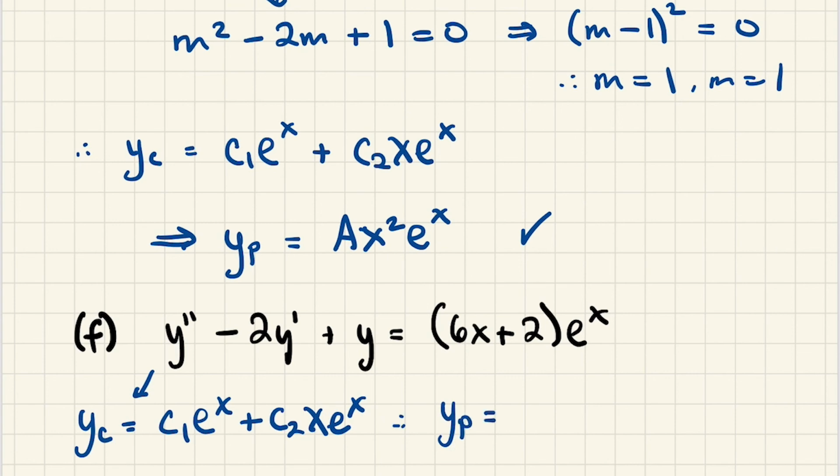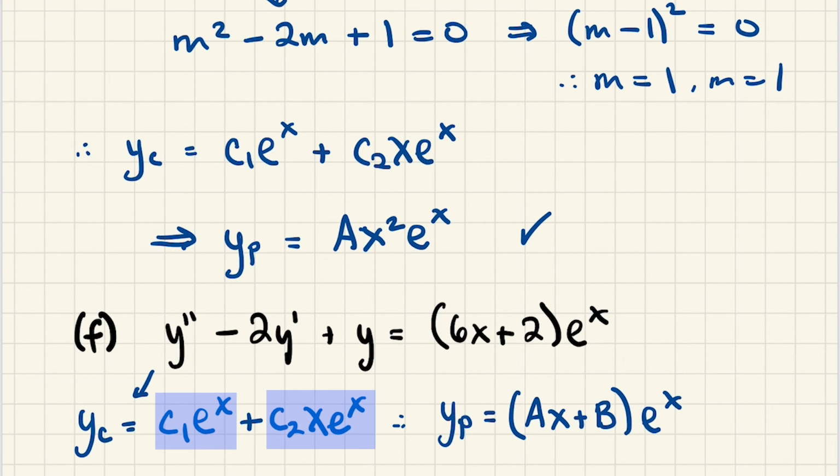And for our particular solution, we would say, well, let's make this ax plus b e to the x. That's sort of where we'd start from. But we're actually repeating both of them, because if you distribute that e to the x, you're going to get a times x e to the x, which repeats this term, and b e to the x, which repeats that term. So we can get around that by introducing that x factor, of course.